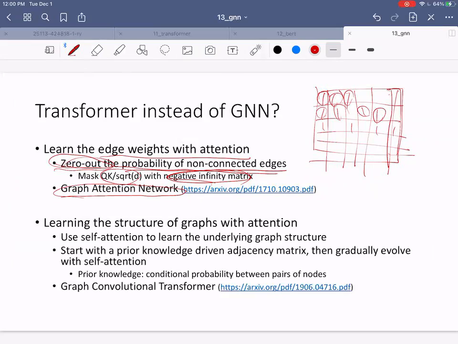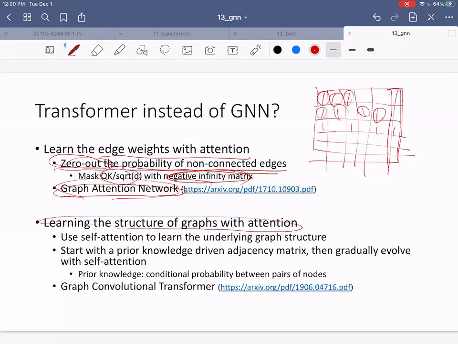So that was simply changing the adjacency matrix to an attention. It was a very simple idea, but a very robust approach. Graph attention network works really well on a lot of tasks, so a lot of people use this as a backbone network when they have a graph to handle.